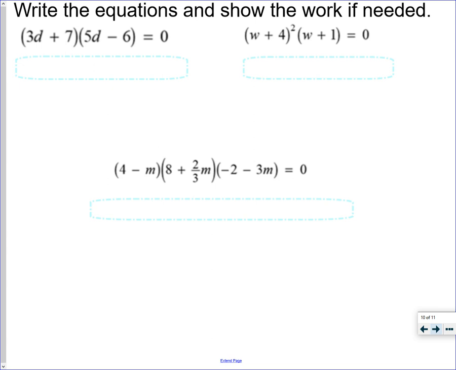This says show the work if needed. If my trick made sense to you, you don't need to show work, right? I would still want to see the equations. I would still want to see for the first problem, 3d plus 7 equals 0, or, oh, not 3d, 5d minus 6.